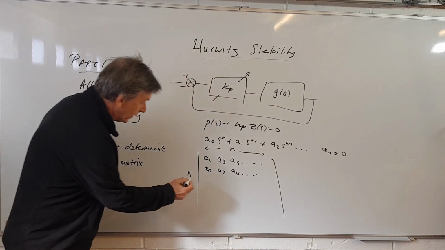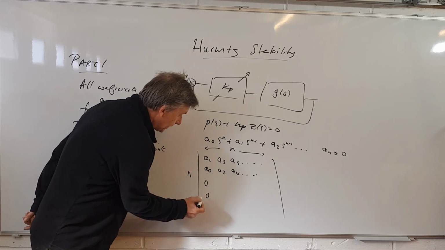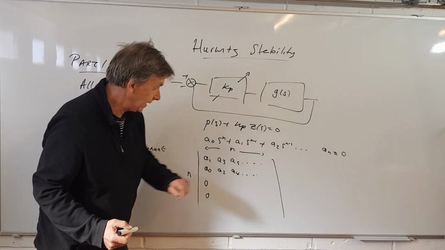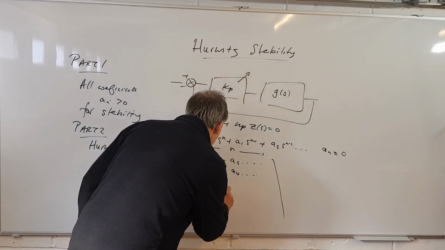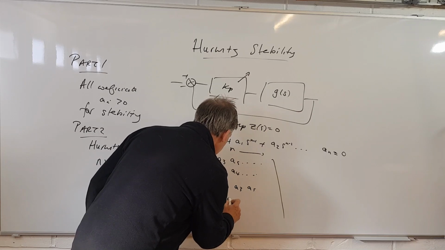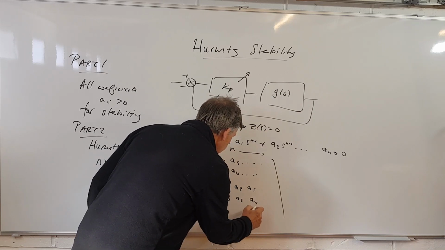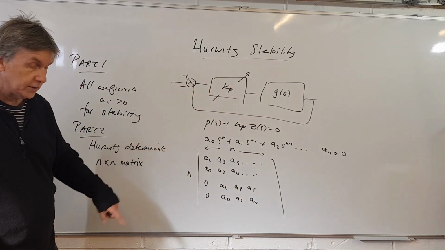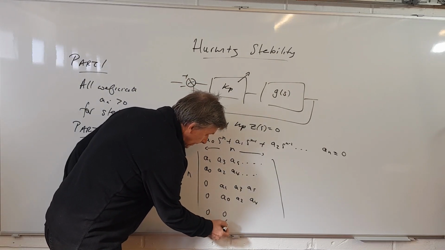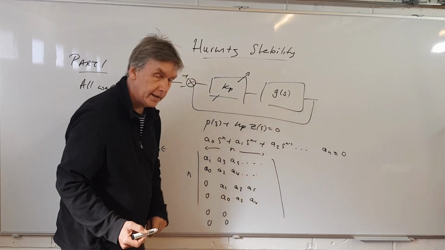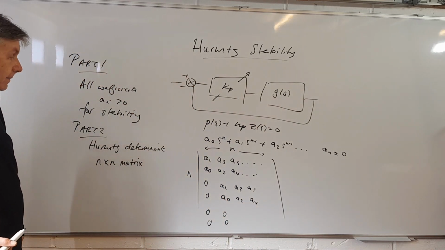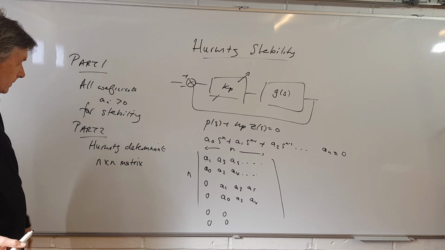And then what we do is we put in a couple of zeros here, and we copy these parts here into here to give us a1, a3, a5, a0, a2, a4. And we keep on doing this, putting an extra couple of zeros in here, a couple of zeros in there, and copying this bit into here until we get up to n. And then we've got the Hurwitz matrix.